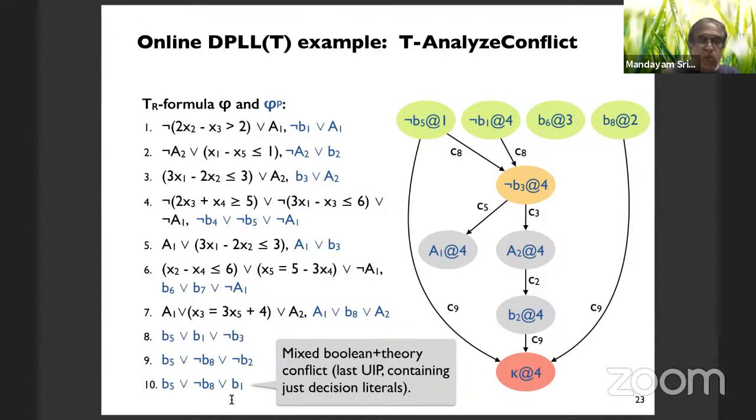So you can also add this, and then you will backtrack, do chronological backtracking. That is, you backtrack to the highest level other than the current level, which in this case is 4. So you would backtrack to B8, okay? Once you backtrack, you will not even get the decision that made you get not B3.